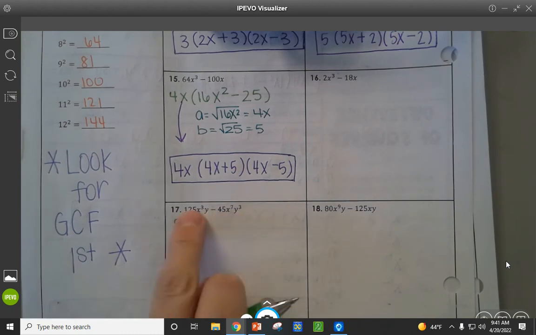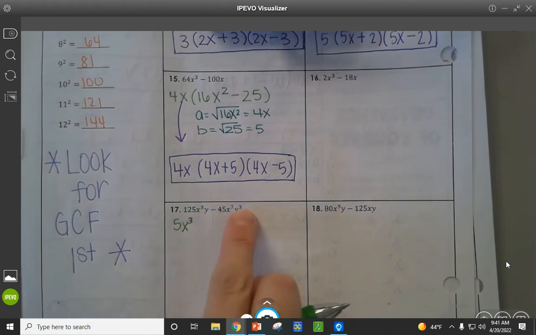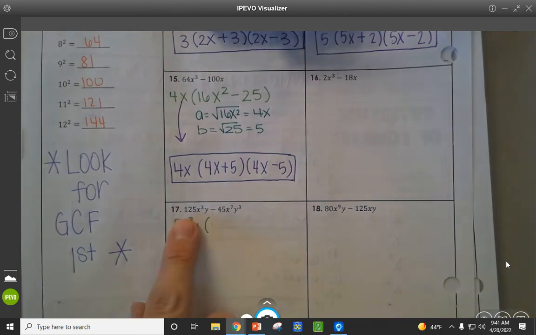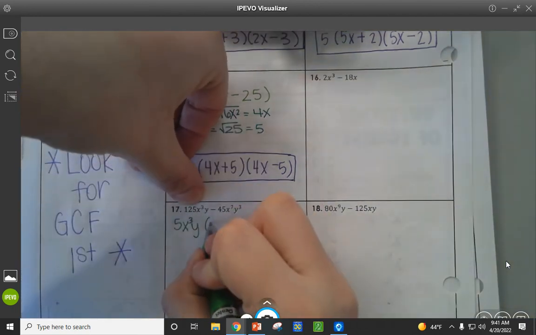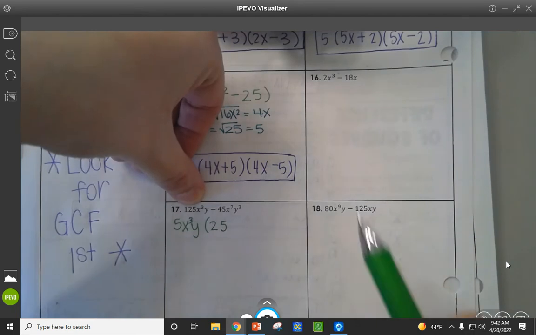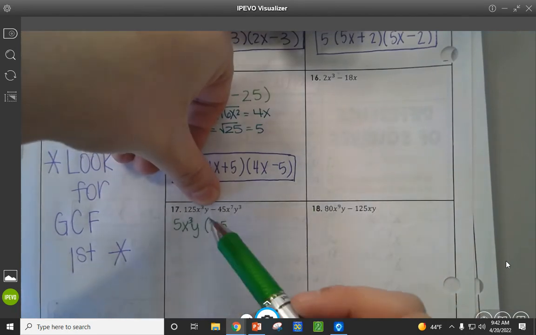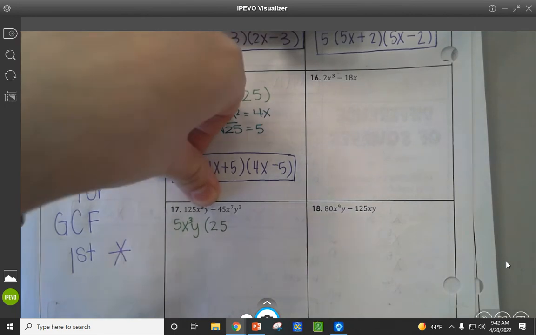The most they have in common is x cubed, and then the most y's they have in common is just 1y. Right. So when I divide by 5, we get 25. All of these x's come out. All of the y's come out. So it's just 25.